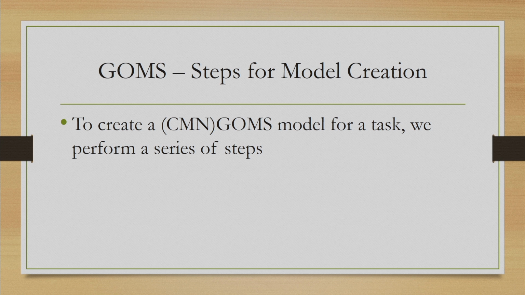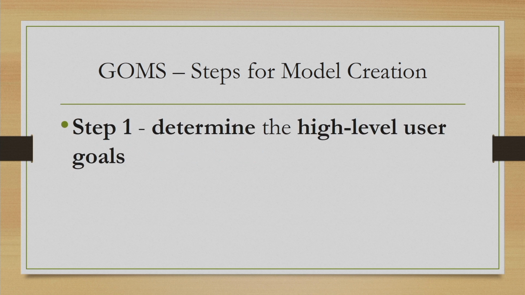Now, let us see how to build these GOMS models. As before, we need to perform a series of steps to build a model for a particular task. First step is determine the high level user goals. So, at the very beginning we have to determine the high level goals that the user wants to achieve.